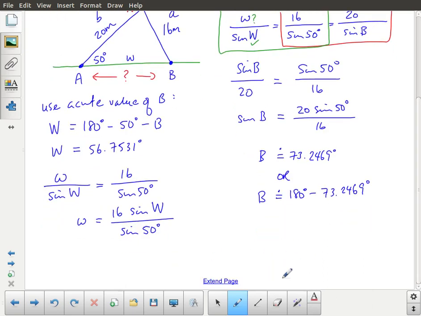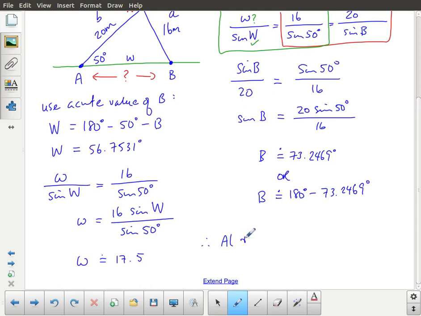Since I kept my answer from before in my calculator, I can go straight to my answer here. I have to take the sine of my answer, multiply that by 16, and divide that by the sine of 50 degrees. And I end up with approximately 17.5.